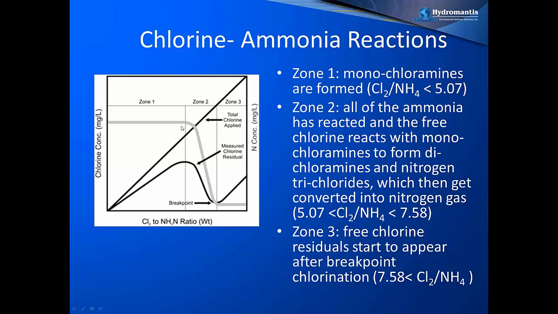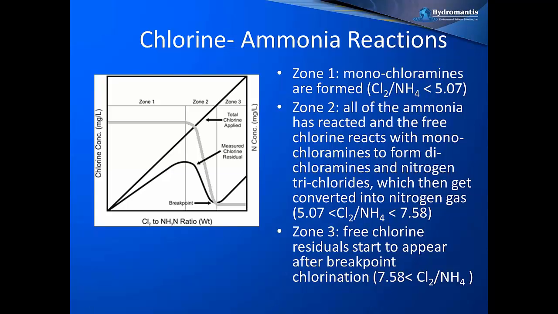So in zone 1 and zone 2, we can expect that chlorine is combined with ammonia and it's a combined chlorine residual. On the other hand, after breakpoint chlorination, we can see a free chlorine residual that starts to appear.